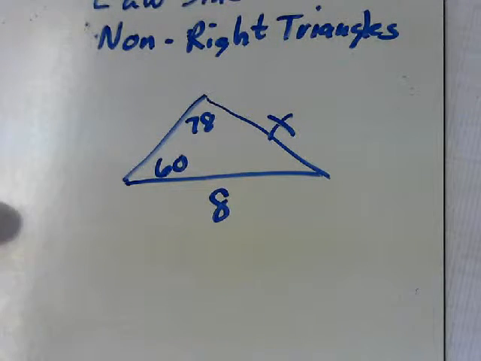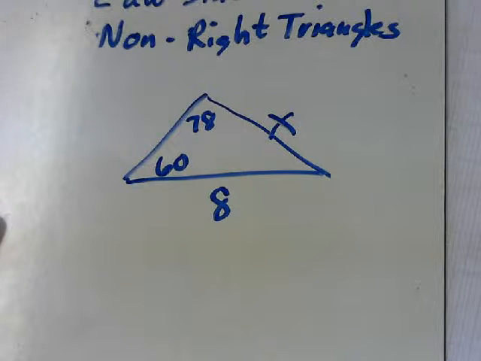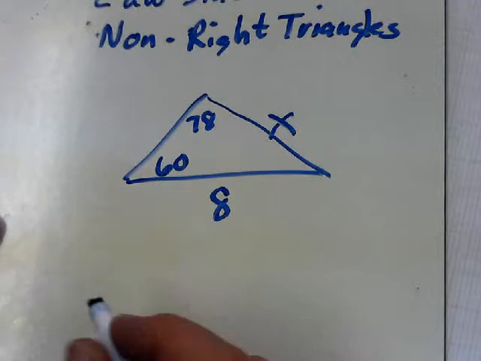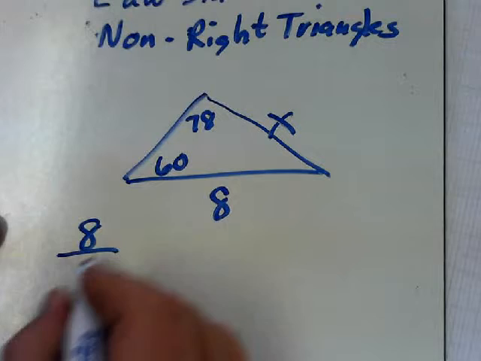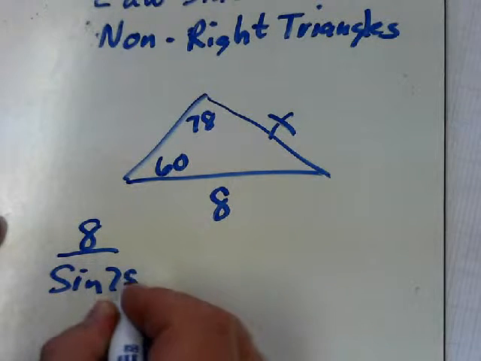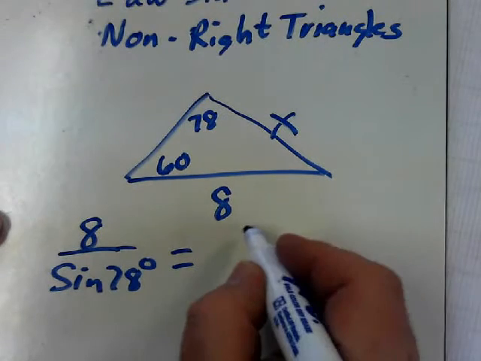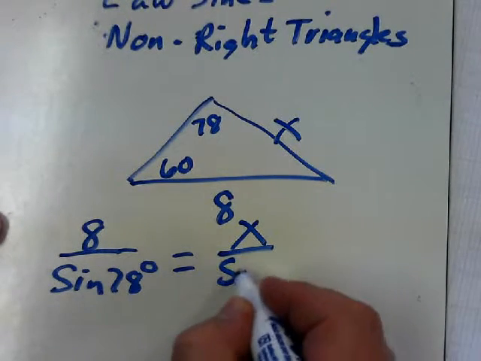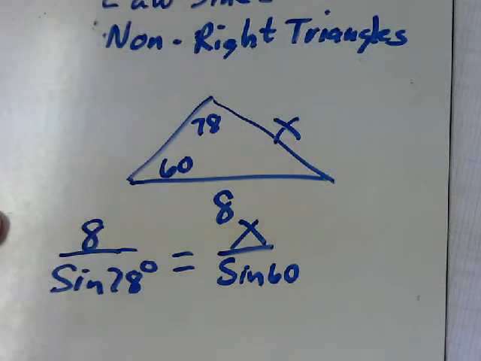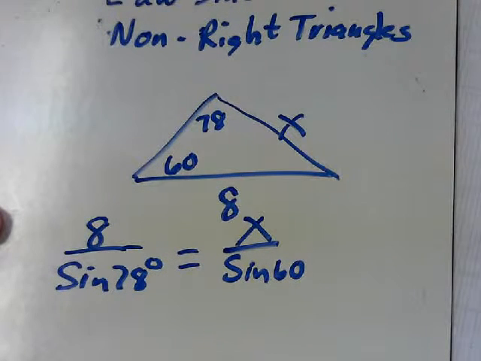How? 8 over the sine of 78 equals x over the sine of 60. Or if you wrote it as sine of 78 over 8 equals sine of 60 over x, you will come up with exactly the same answer, because when you cross multiply, you're still multiplying the same parts together.